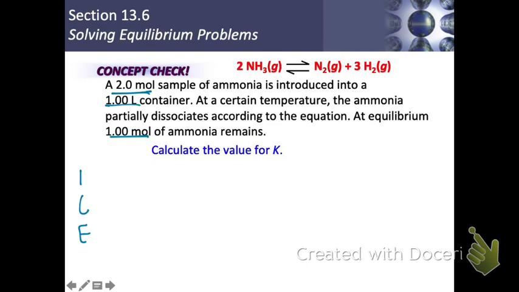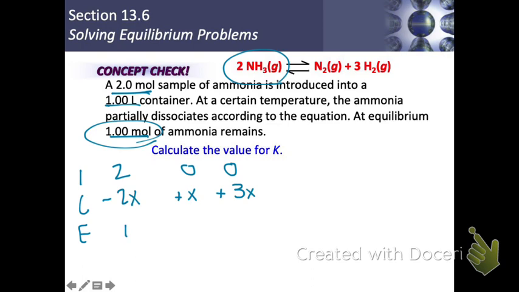So my reactant, which is ammonia, starts with a concentration of 2, and then we've got 0, 0. My change would be minus 2x, then plus x, and then plus 3x. It says at equilibrium, 1 mole of ammonia remains, so that means my equilibrium concentration here is 1.